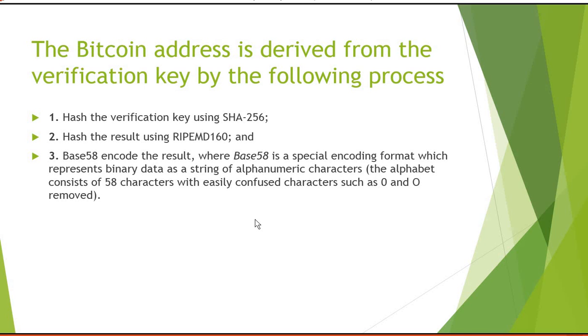Okay, so the Bitcoin addresses are derived from the verification key. So how will it happen? The verification will be done through the hash function, that is by using SHA-256. Okay, and hashing the result can be done through RIPEMD-160, and again Base58 encoding also will be used.